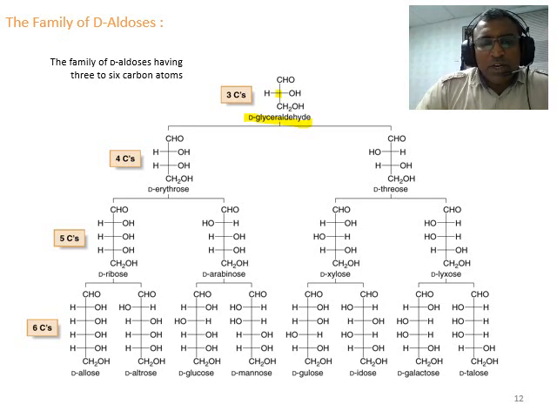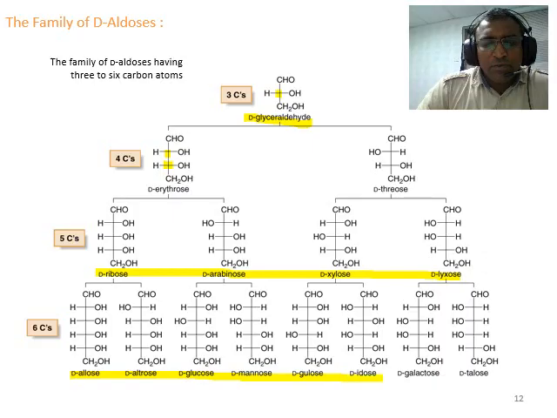Similarly, for 2 stereogenic centers, total will be 4 enantiomers, that is D-erythrose, D-threose, L-erythrose, L-threose. And it goes on, this should be 4, or total 8, and then this one with 4 stereogenic centers, the total number should be 16 rather than what is shown here, only 8.